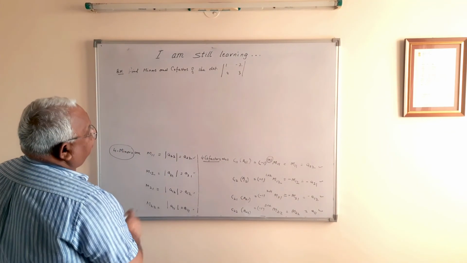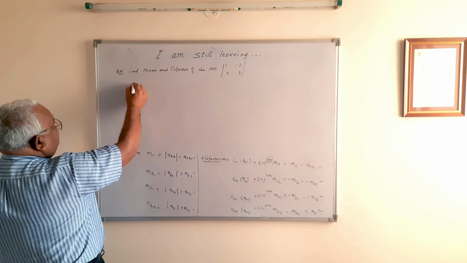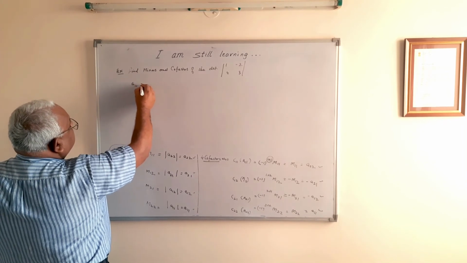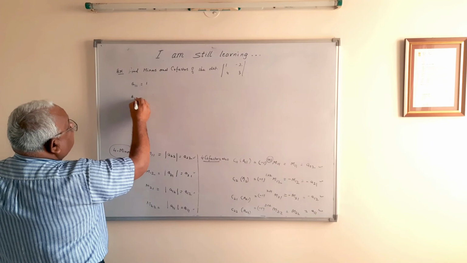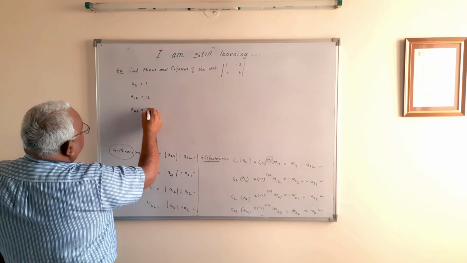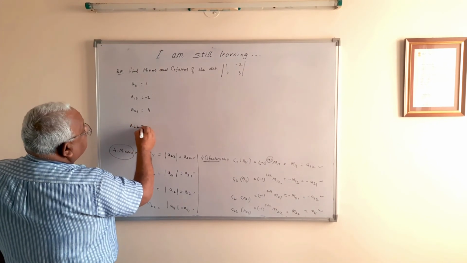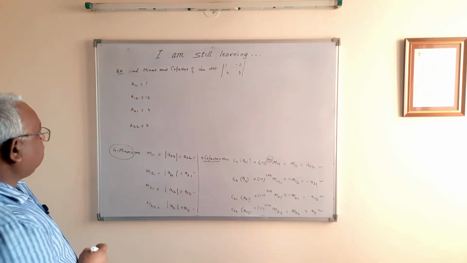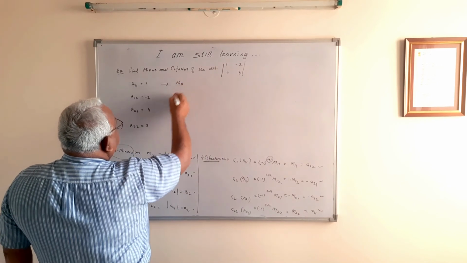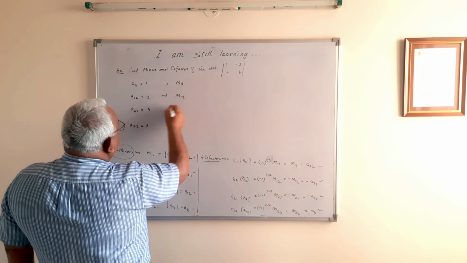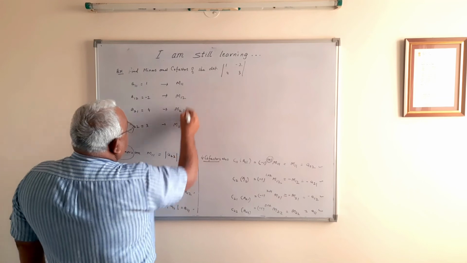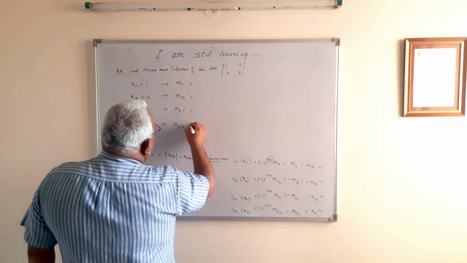In the beginning, let me give you a suggestion that you write like this: A11, A12, A21. This is my suggestion in the beginning. Once you understand, then you can go ahead with your things. Then corresponding to this, you have M11, M12, M21, and I told you how to get it.